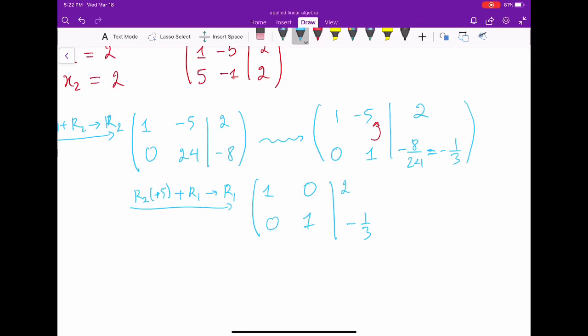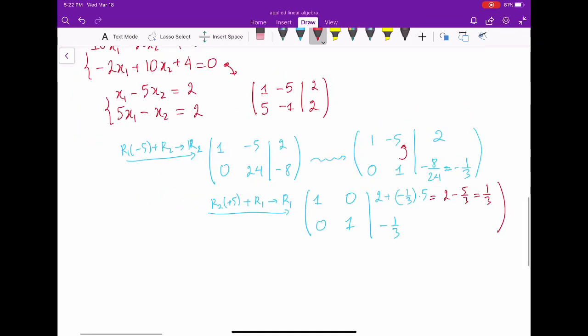Here it should be 2 plus negative 1/3 times 5, right? You can do this computation: you get 2 minus 5 over 3, which is 1/3. So we already have the solution: x1 equal to 1/3 and x2 equal to negative 1/3.